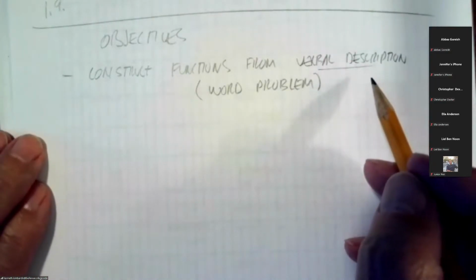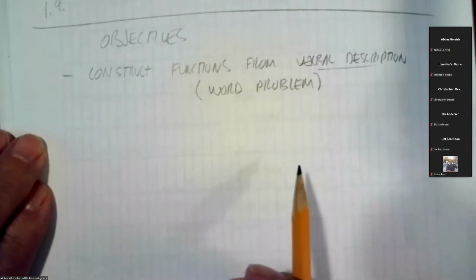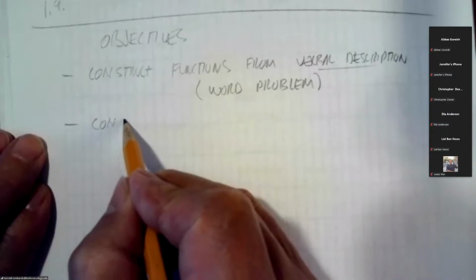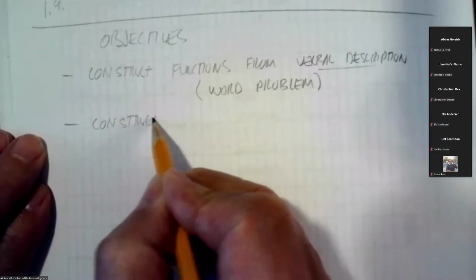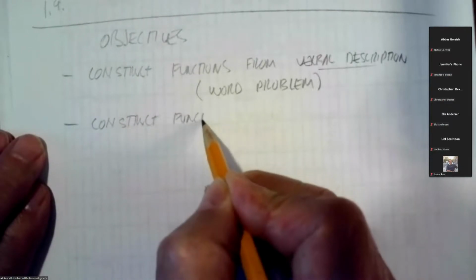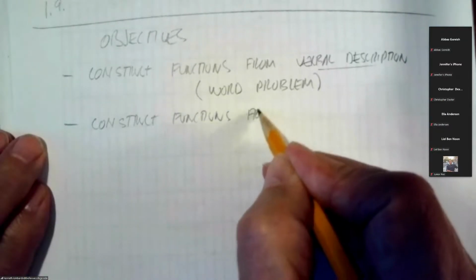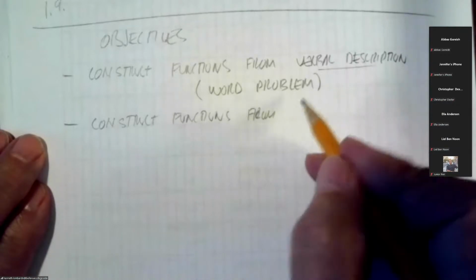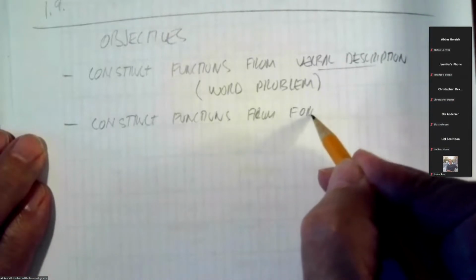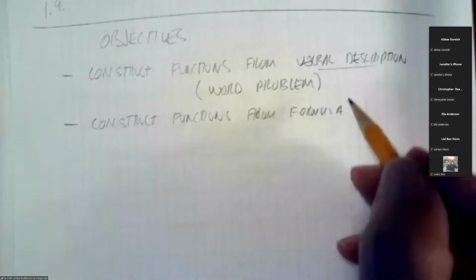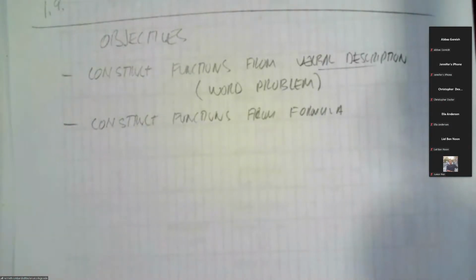We want to give a verbal description, and we might also want to be able to construct functions from, maybe, a given formula.